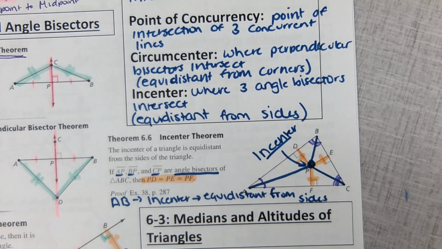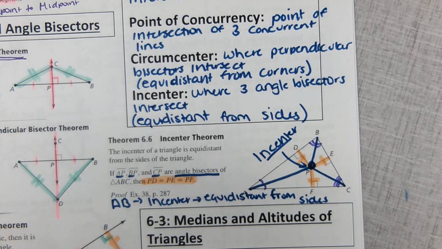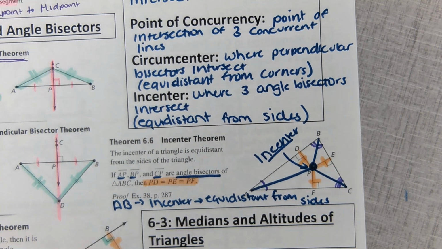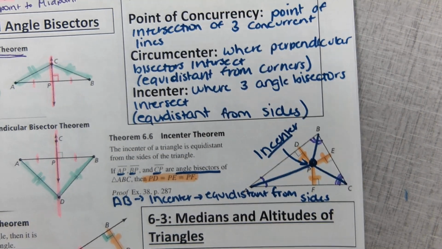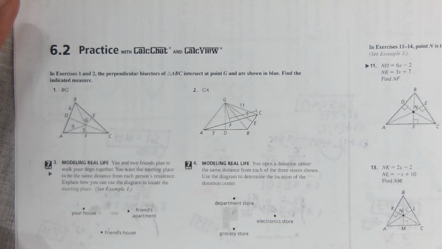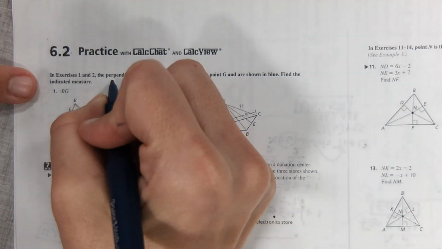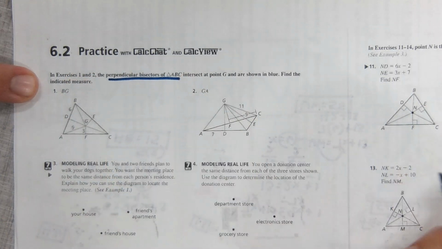Okay, so then once you get that done, we're going to go to the practice page for 6.2. Okay, 6.2 here. Okay, so the first example, it says the perpendicular bisectors of ABC intersect at point G. Find the indicated measure.